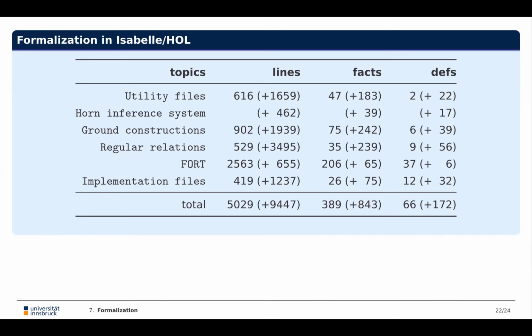So in total, we've added 5,029 lines to the formalization, which already had 9,447 lines. Of course, the work done previously also had to be adapted slightly and modified and improved, so this line count doesn't give the full picture.